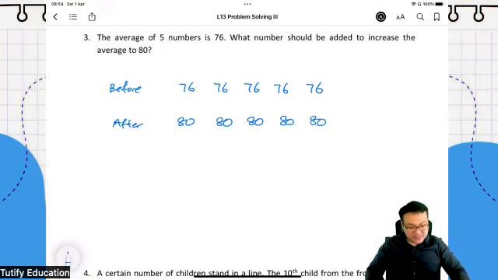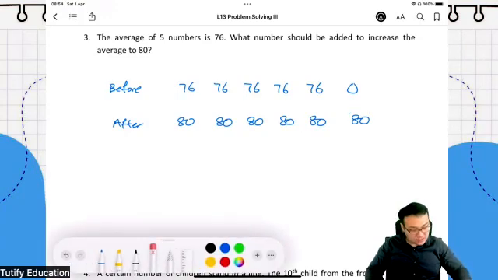Yeah. But there's one extra number, yes or no? Yeah. So before the extra number joined in, was there any extra number here? No. So let's just write 0. There's nothing here. Okay, at first there was nothing here. Then later on, it became 80.